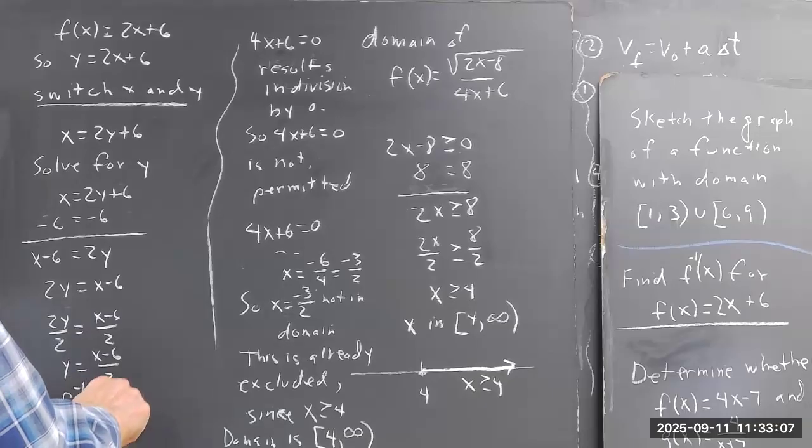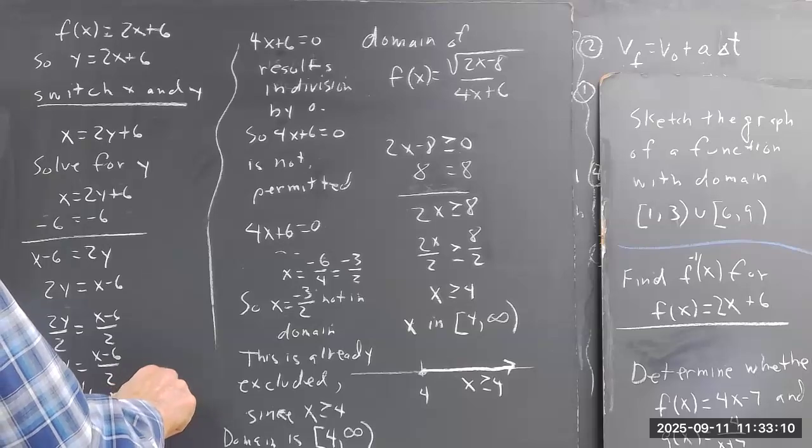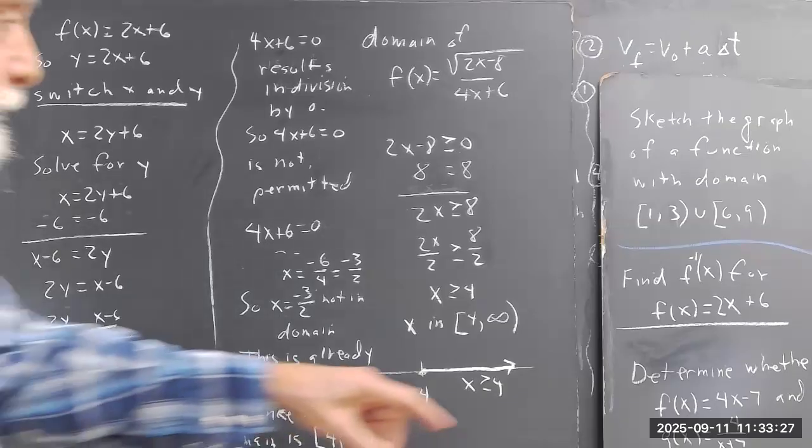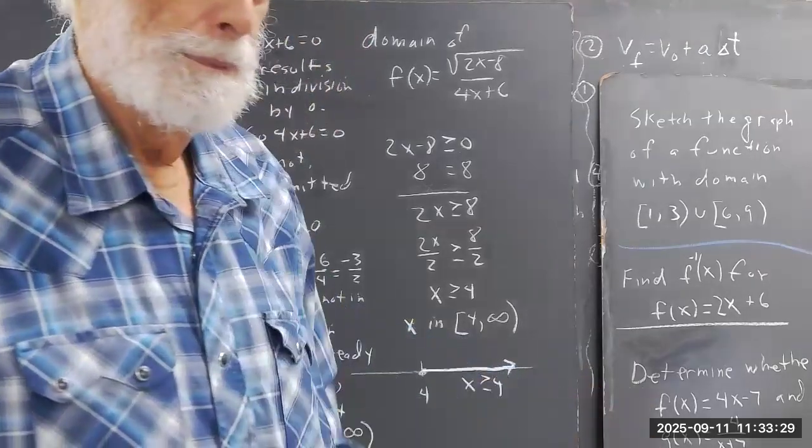So f inverse of x is going to be x minus 6 over 2. Now, how do we test whether that's a good inverse? That comes down to checking. And I didn't ask you to do that, but I did ask you to determine whether these are inverses.